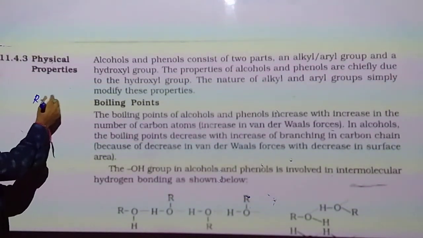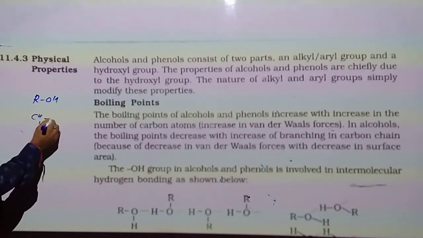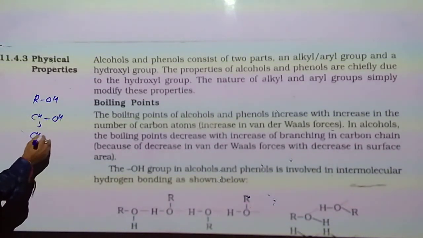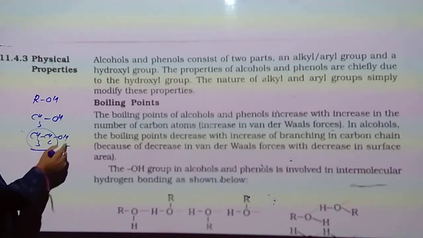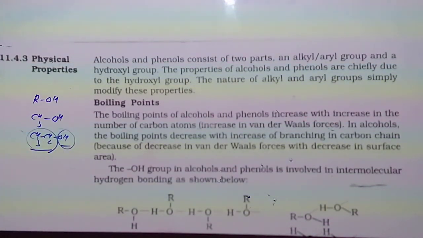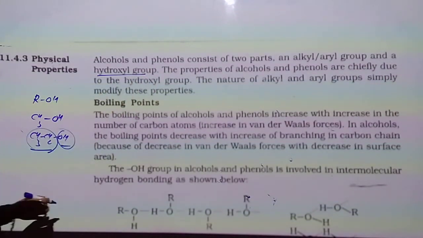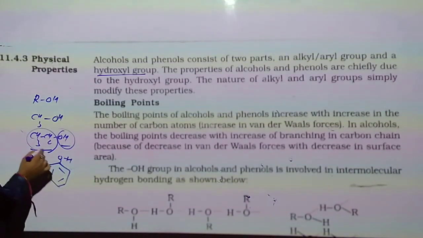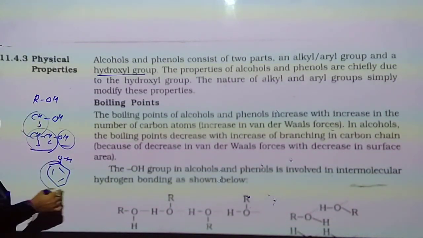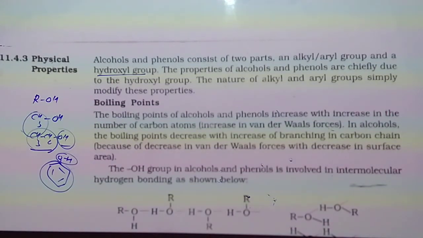In alcohol, there is the alkyl group, two parts. One part is the alkyl part and another is the alcohol group, the hydroxyl group. In phenol also, there is an aryl group and a hydroxyl group.